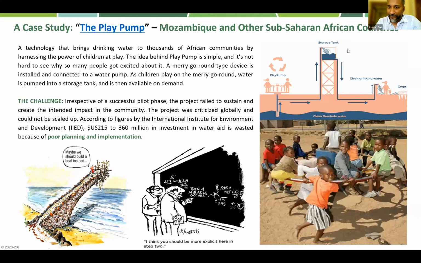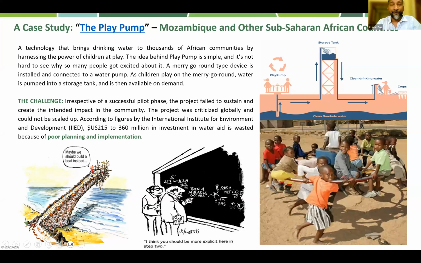You can see in this picture the PlayPump, where the children are playing, and because of the pressure, the water starts storing in a storage tank. Because it's clean water, people in the developing world now have access to clean drinking water. But what exactly happened?